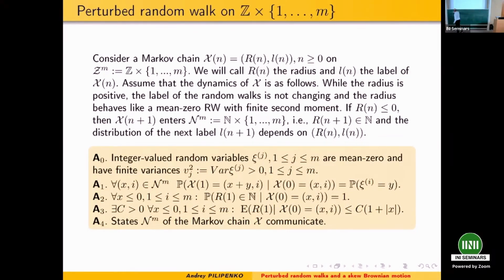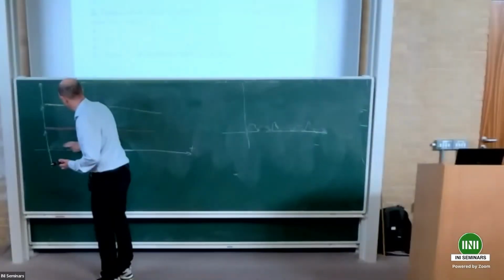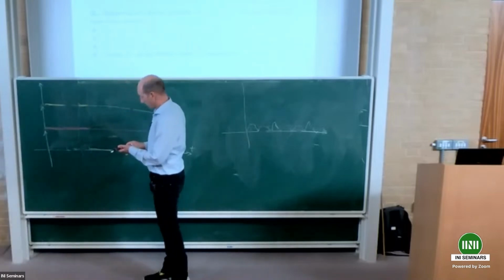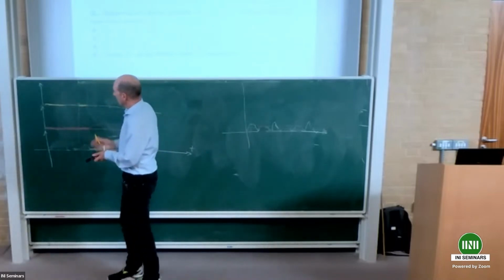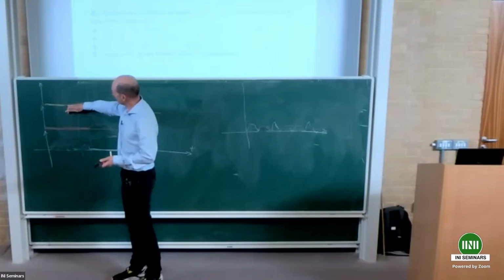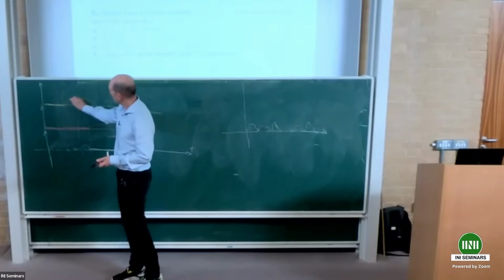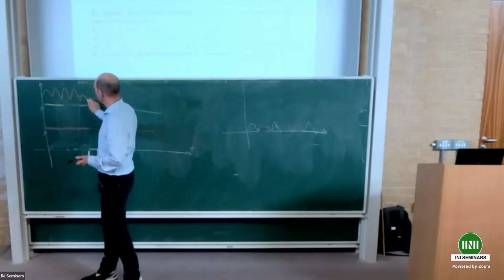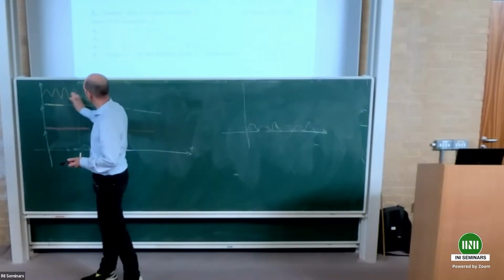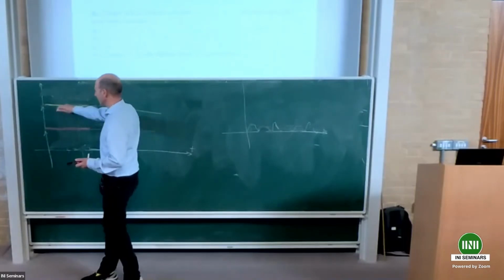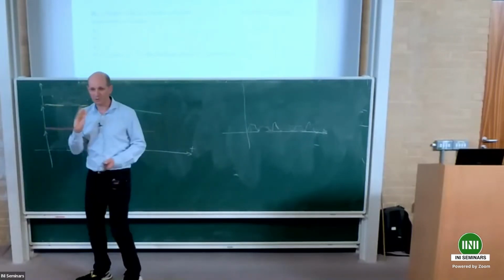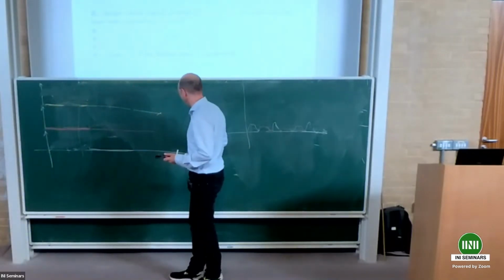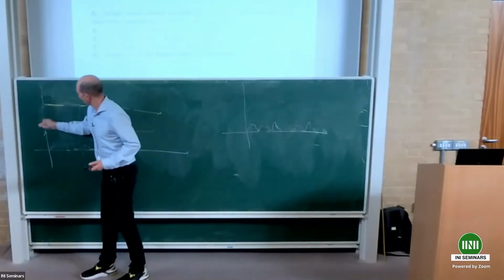And I assume that if the color is yellow, then the jumps are independent, identically distributed random variables. Okay, this is a state space, so it jumps here. I don't make a picture of time, so this is space. Forget about this.